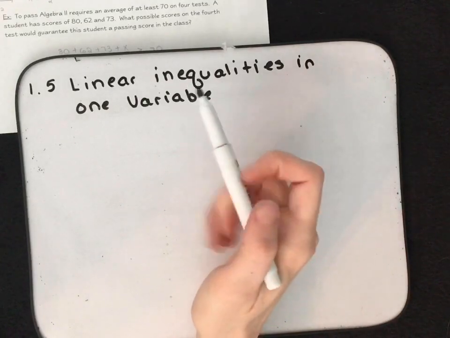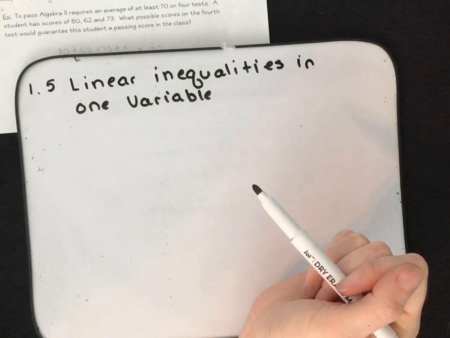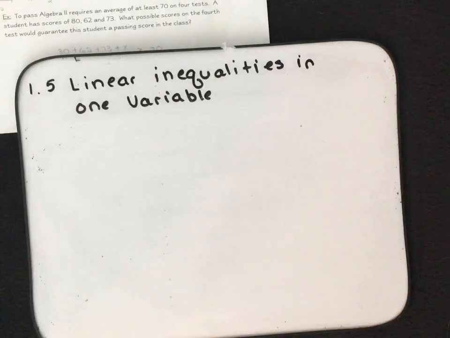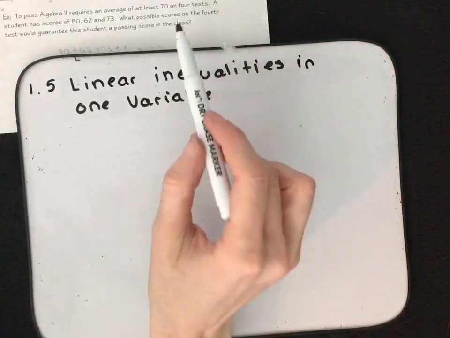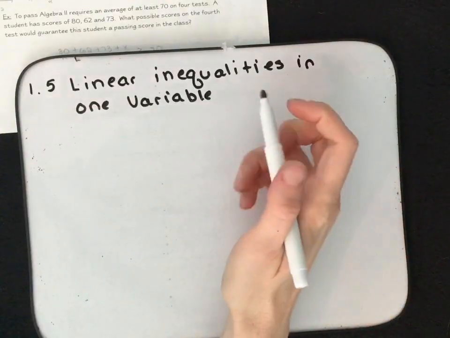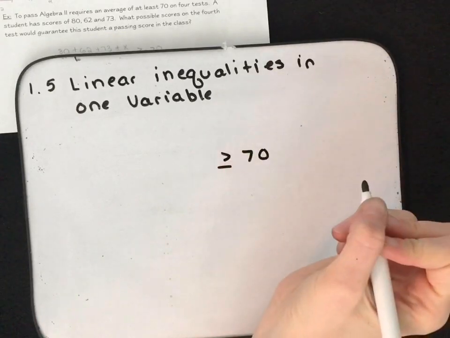A student has scores of 80, 62, and 73. What possible score on the 4th test would guarantee the student a passing score in the class? So to pass Algebra 2 requires an average of at least a 70. So that means that their grade needs to be greater than or equal to a 70.